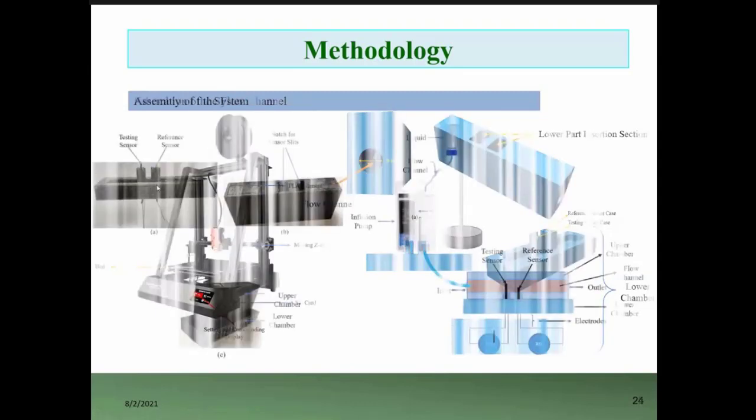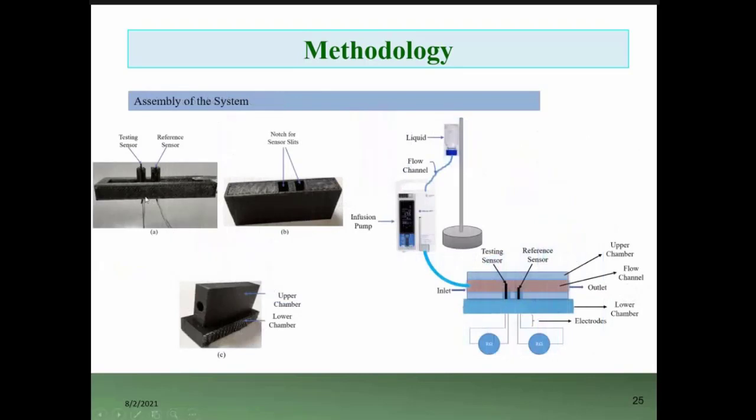Now, as I have mentioned, the sensor or the film that we have fabricated was inserted inside the chamber of the lower part. This is the testing sensor, you can see, and this is the reference sensor. If you notice carefully, you can see that the reference sensor is not exposed. It is hidden inside the chamber. So when the fluid flows, it will not affect the reference sensor, so there will be no change in the resistance here.